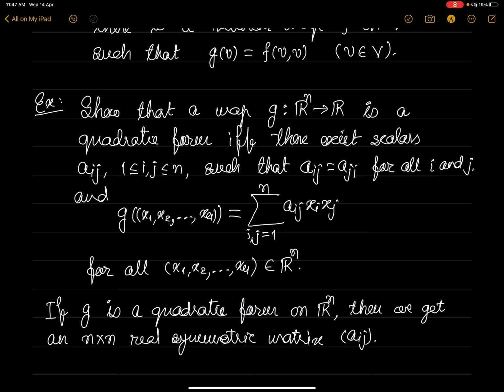And conversely also, if we are given a real symmetric n cross n matrix, then by using that we may define G this way.